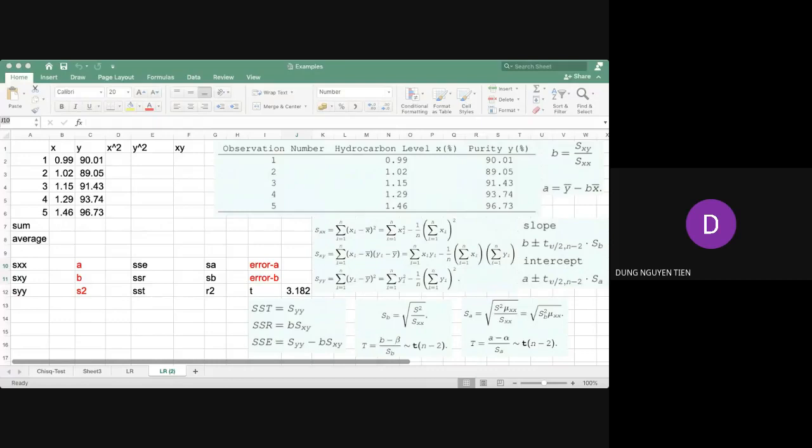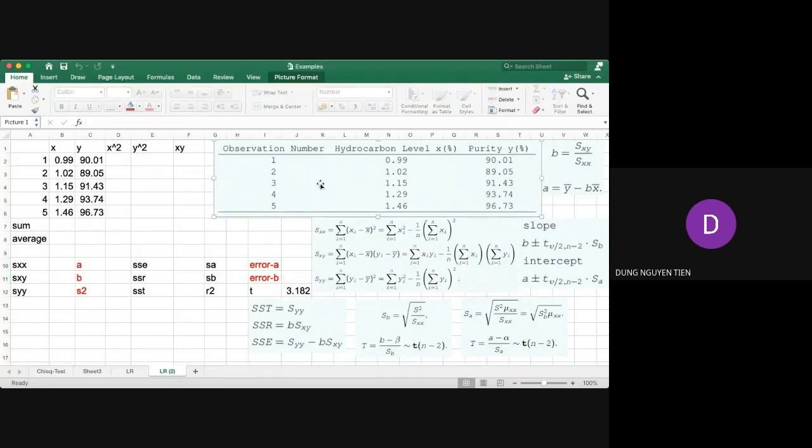Can you see the file? Okay, so this is the table we have, right?